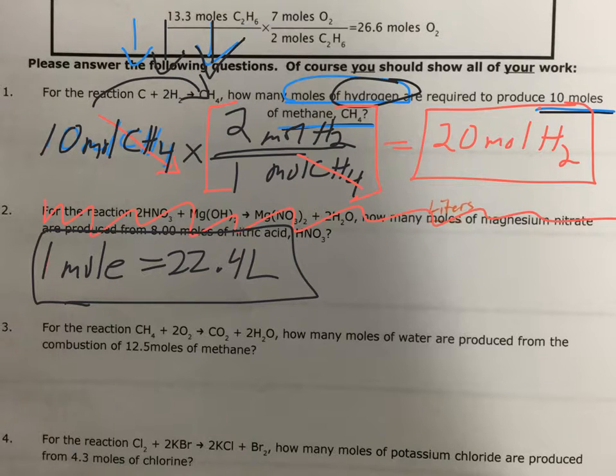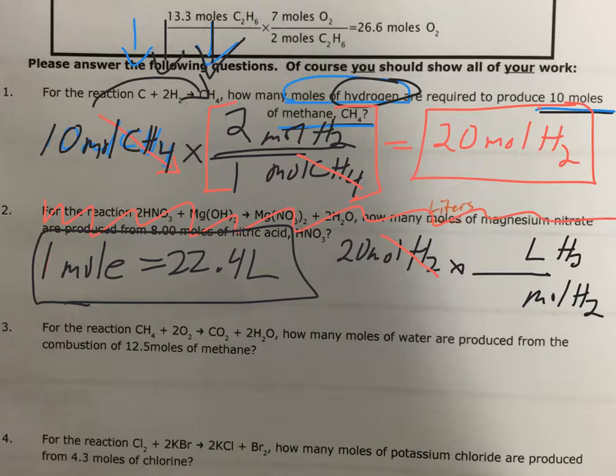So if in the question I ask for liters instead of moles, I'm going to take those 20 moles of my H2. Now, because I have this unit here, where's this unit going to go? Not the number, just the unit. The moles of H2 is going to go where? On the bottom. Very good. So I'm going to have moles of H2 on the bottom. And I'm looking for liters, so that liters goes on top. And that's how I'm going to get liters of H2.